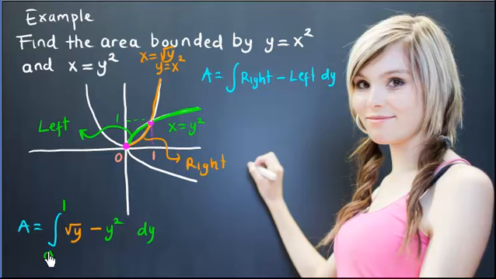Okay, and actually this expression is exactly the same as what we have computed before. The only difference is now we use y variables instead of x variable. So if we compute this, we will get the same answer, which is 1/3.